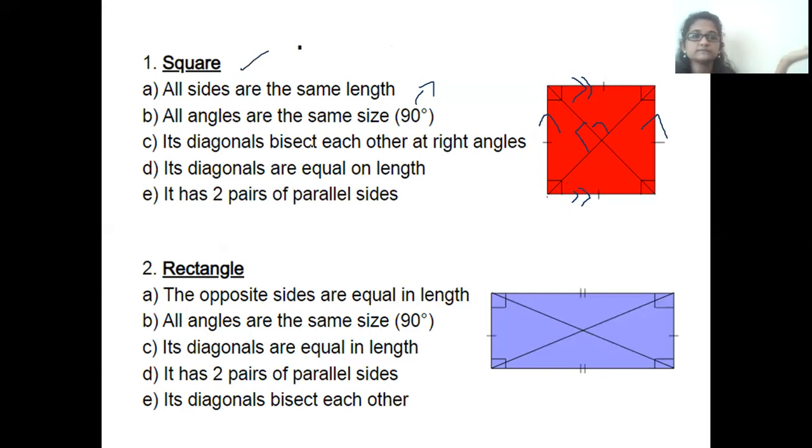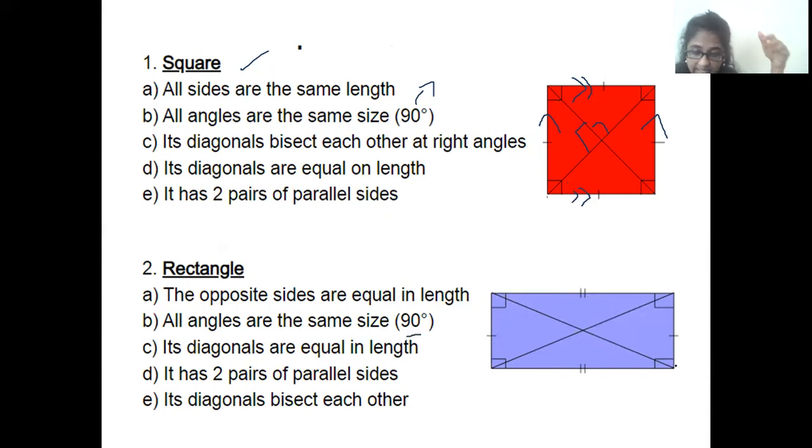Okay. And for the rectangle, as you can see here, opposite sides are equal. So these two sides are equal to each other. Likewise, here these two sides are equal to each other. And also inside the rectangle, we can have four interior angles, and all of them measure the same, which is 90 degrees. Okay.